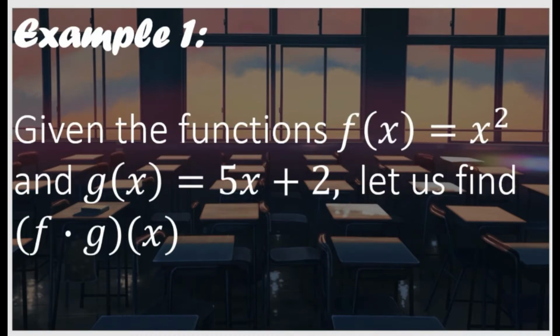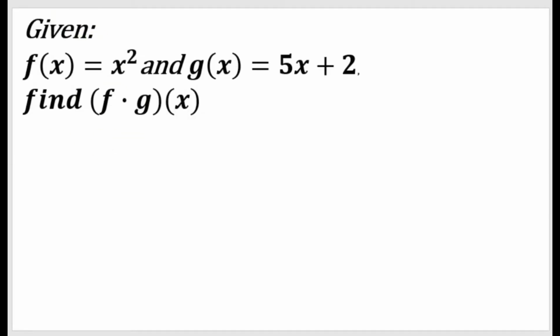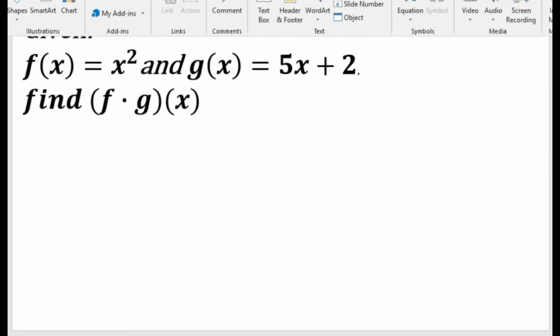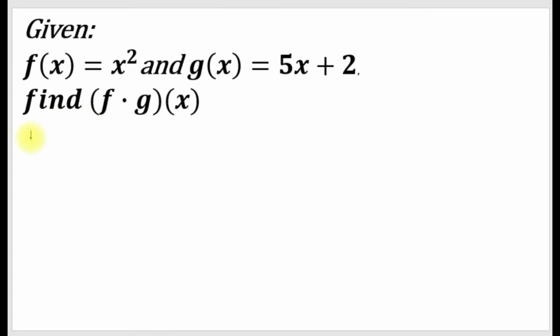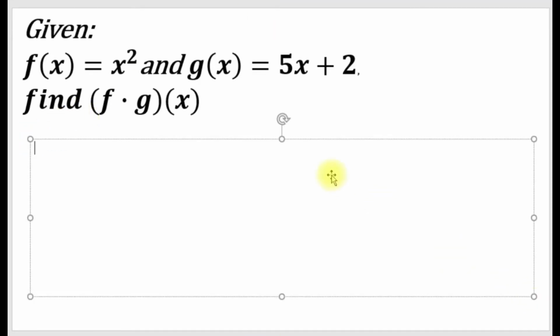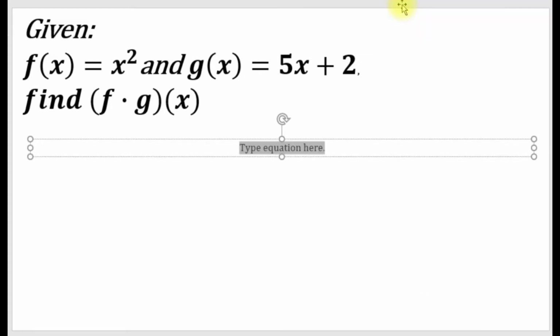Our first example is, given the functions f of x is equal to x squared and g of x is equal to 5x plus 2, let us find f dot g of x. Okay, so we're going to perform it step by step. So first, we're going to write our working equation.